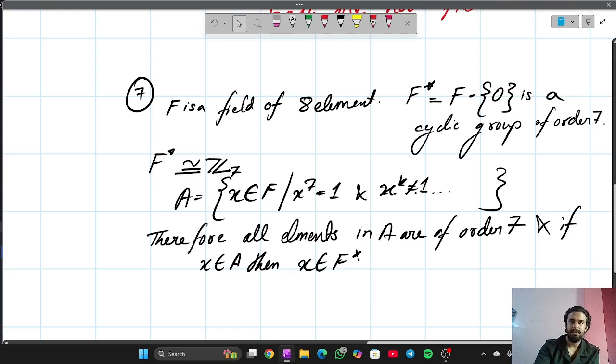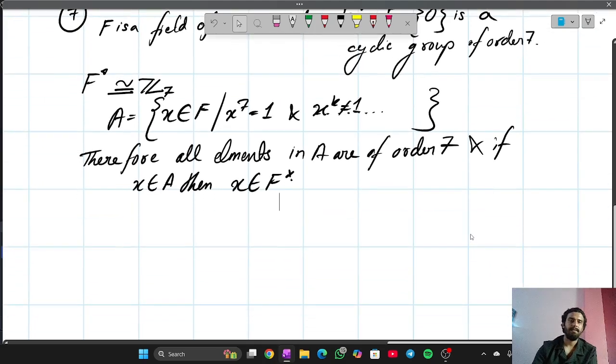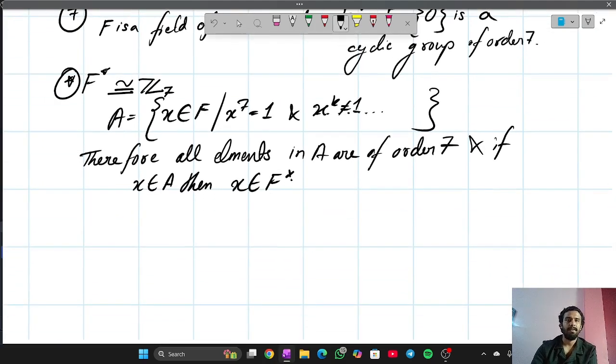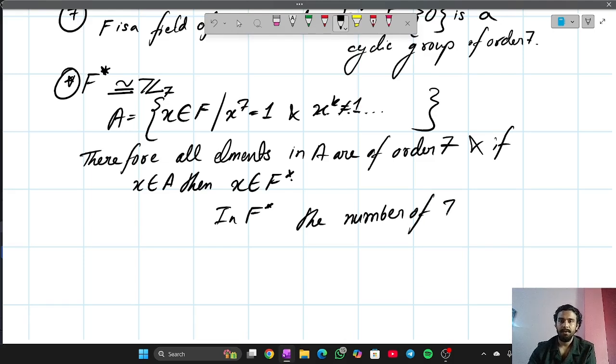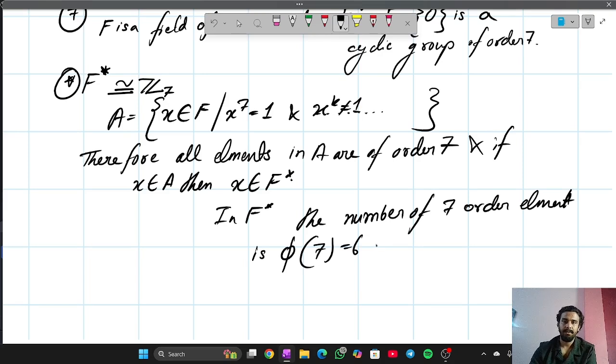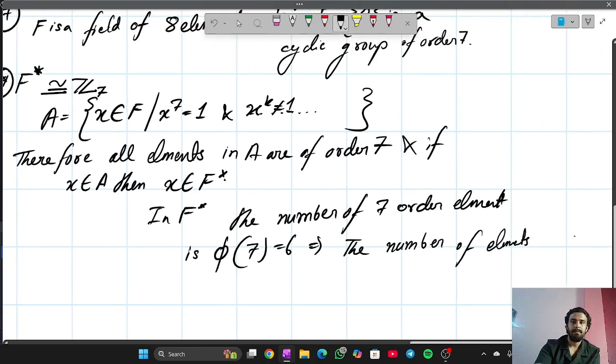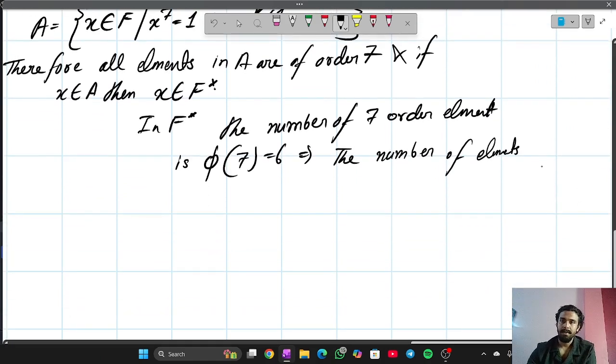And hence, because F star is isomorphic to Z7, and this we derive from a simple property of groups, in F star the number of elements of order 7 is phi of 7, which is equal to 6, which is equal to the number of elements in A, equal to 6.